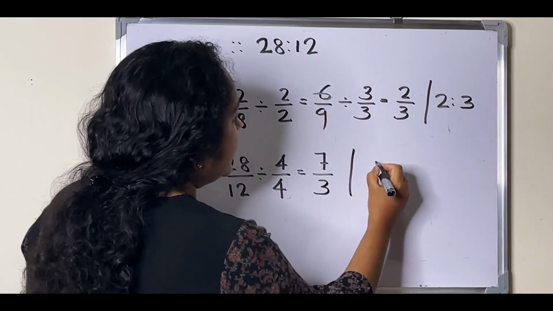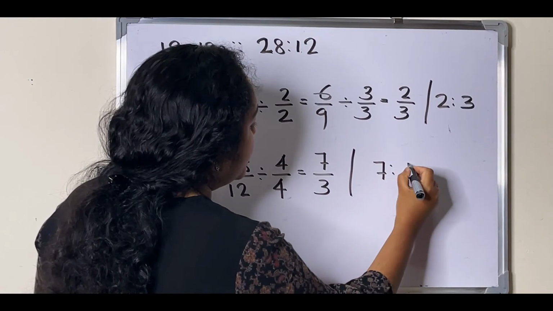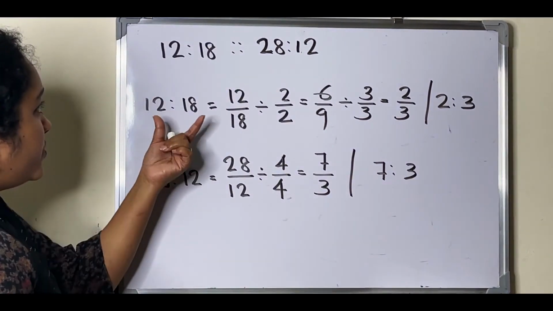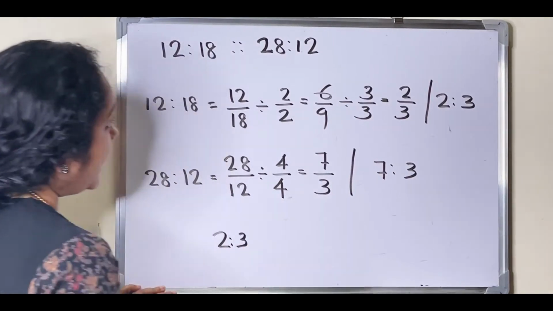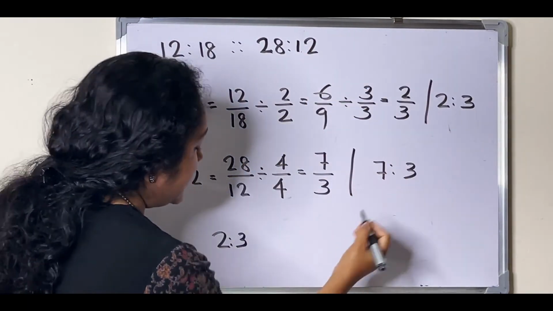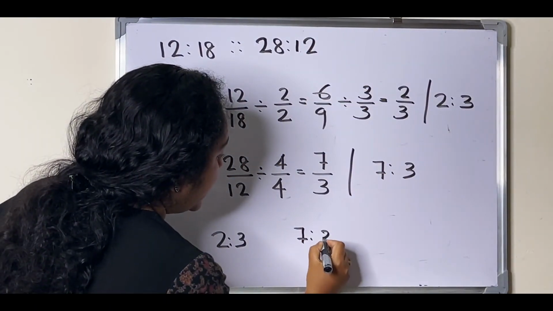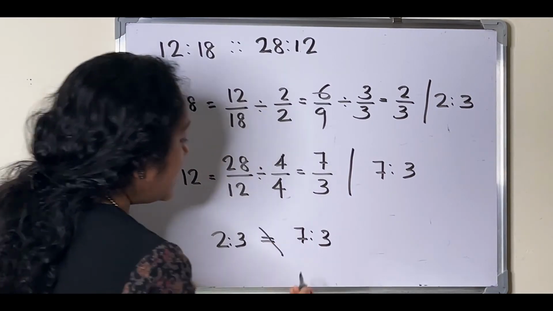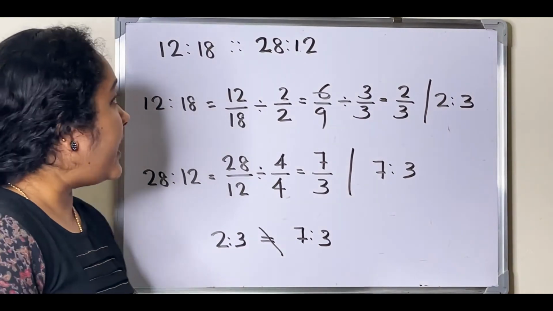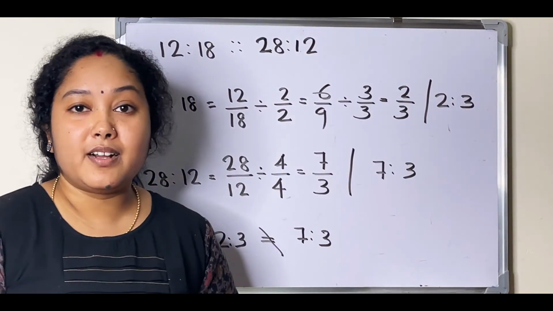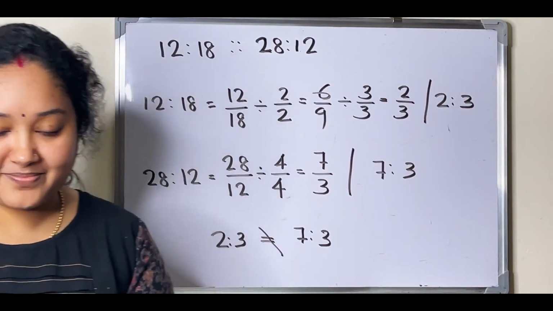So the ratio is 7 is to 3. 12 is to 18 is 2 is to 3 and 28 is to 12 is 7 is to 3. They are not equal. So the ratios 12 is to 18 and 28 is to 12 are not in proportion.